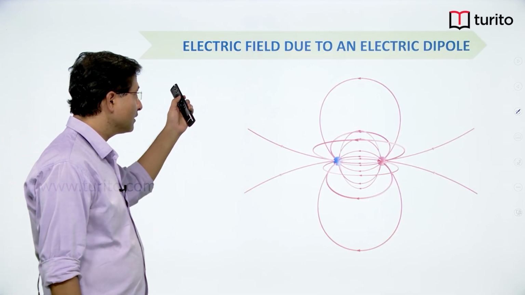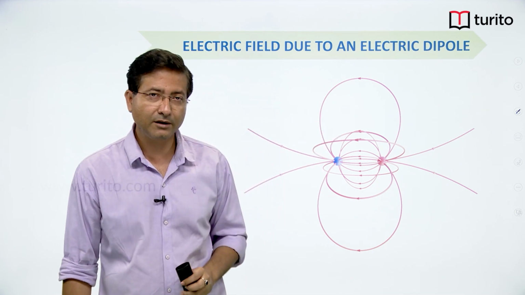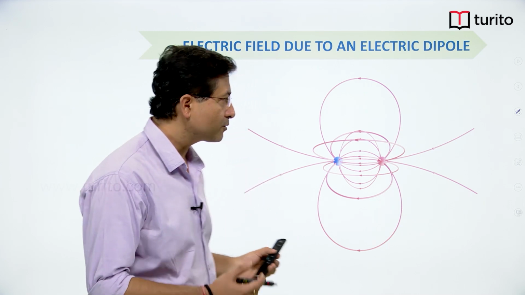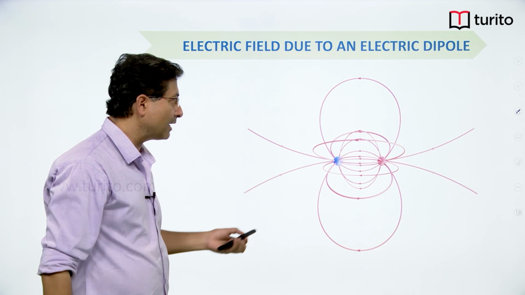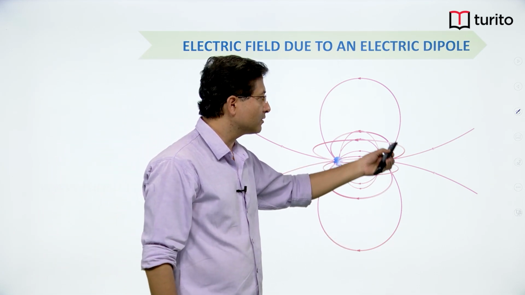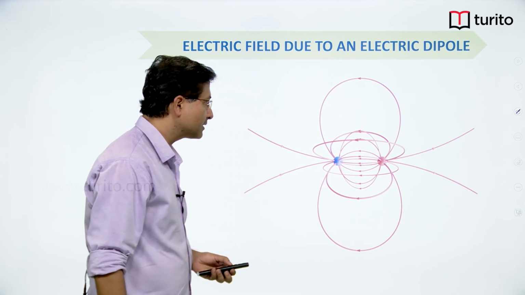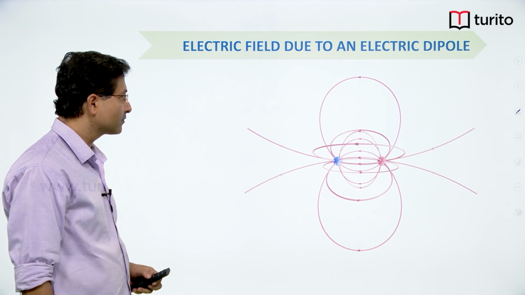So, if I want to find out the electric field around the dipole, one is a positive charge particle, another is a negative charge particle, and both have equal magnitude. So, all lines originating from the positive charge will terminate at the negative charge, and in space the field lines will be something like this.